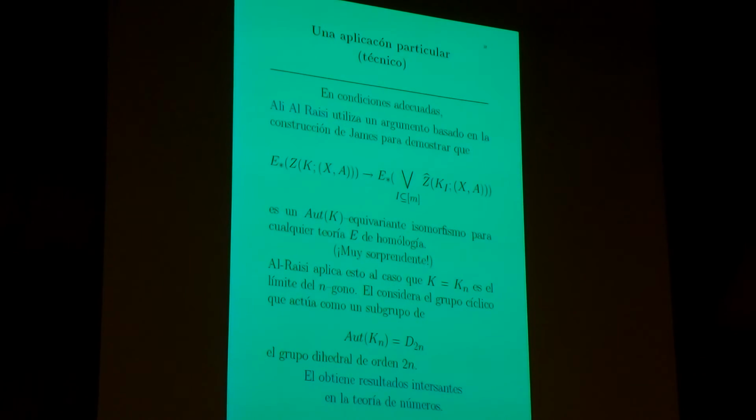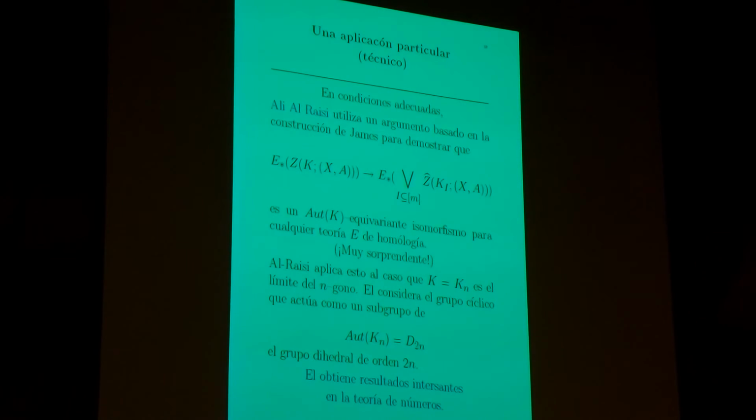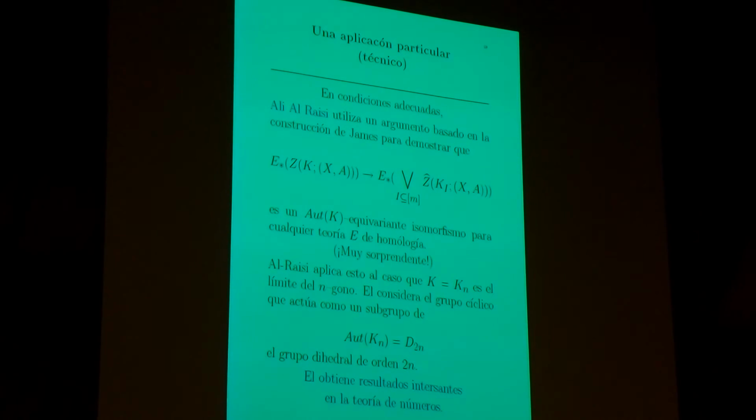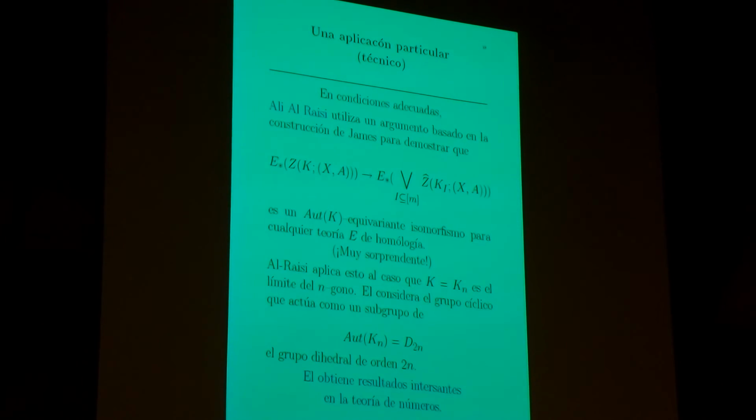Now, this is technical, but I cannot help myself from introducing this for the experts. It's technical, but this is the application of this theorem to number theory. Remember, we are doing geometry, topology, and combinatorics, and now we have number theory. Well, a student of Fred's, Ali al-Raizi, he showed, and Martin, you recall Martin used the word homology.